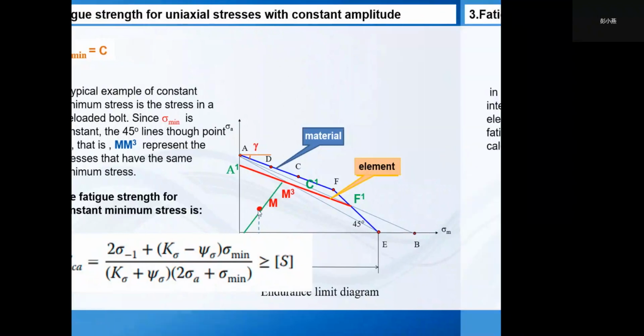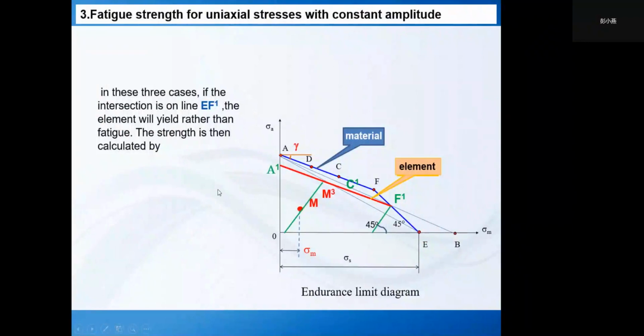Okay, and in these three cases, if the intersection is on line EF1, the element will yield rather than fail by fatigue. The stress is then calculated by this.